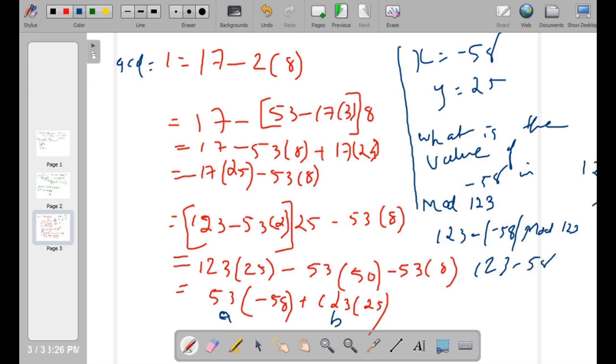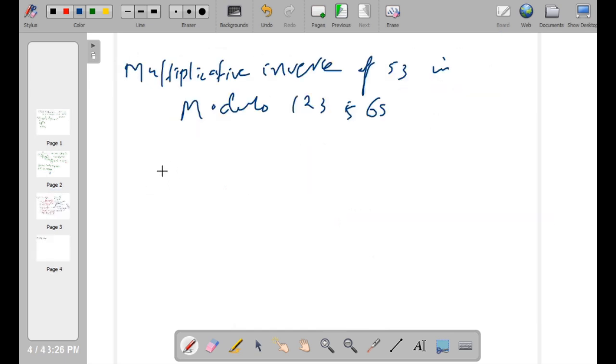We are getting 65. That is 53 into 65 modulo 123 is equal to 1.